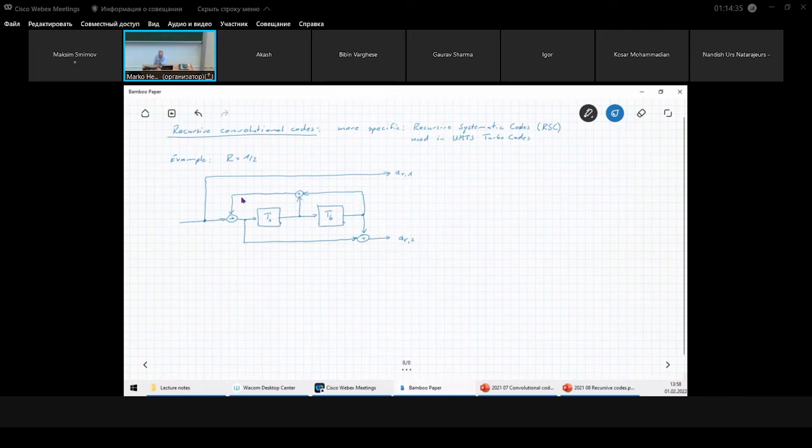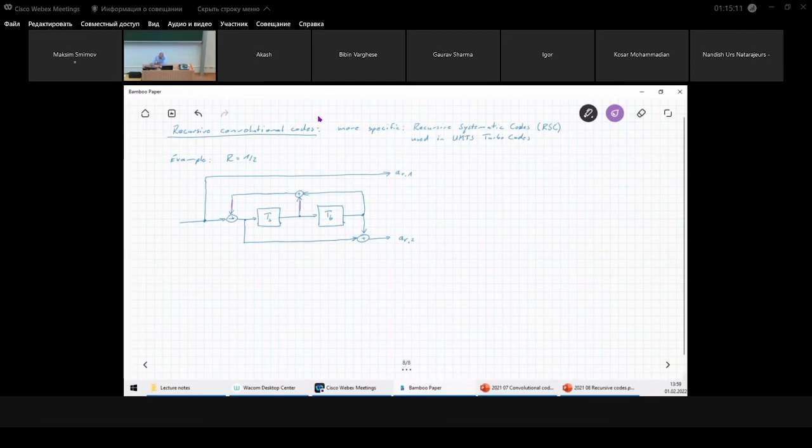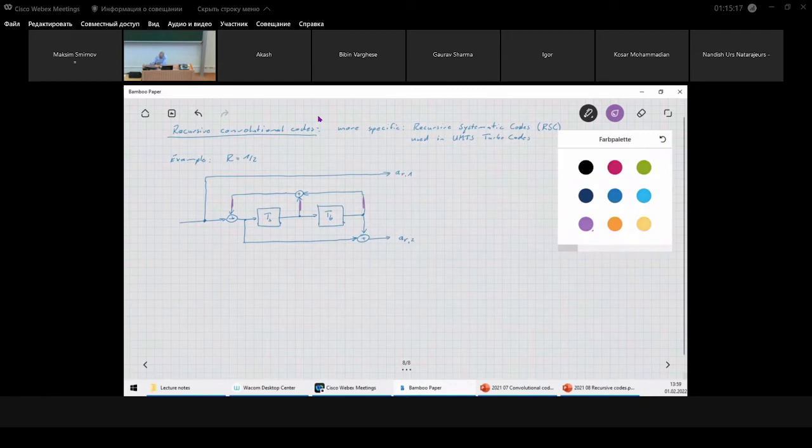And we will have a generator for this forward path describing these connections. So we have a so-called feedback generator.